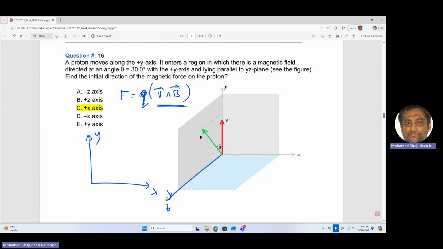Is that very clear to you? Okay, right? I told you to put the fingers in the direction of the velocity. So you'll say, oh yeah, that is what you told me. I'm going to keep it. What is wrong with this? Can you bend it towards the magnetic field? It's going somewhere else. These fingers must approach the magnetic field. If you go like this, can you ever meet the magnetic field? No, it is here.